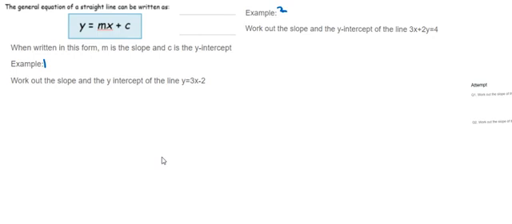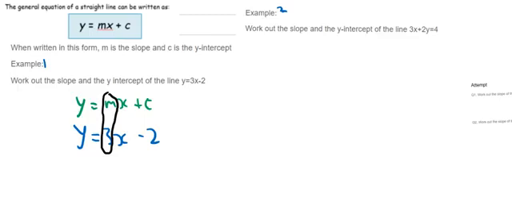So if I write down this equation, y equals 3x minus 2, and put the general equation over it, y equals mx plus c, you can straight away read off what the m is. m is the thing in front of the x, so m equals 3 here. And the c part is minus 2, so c equals minus 2.